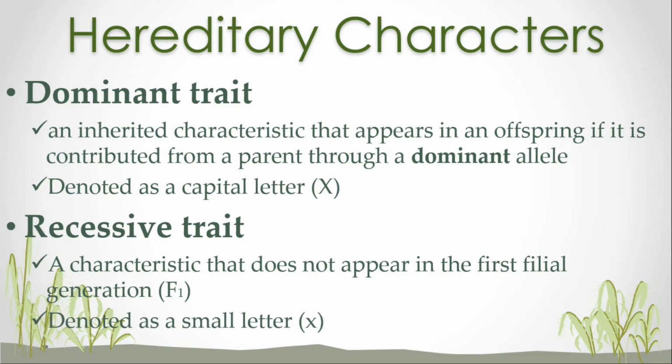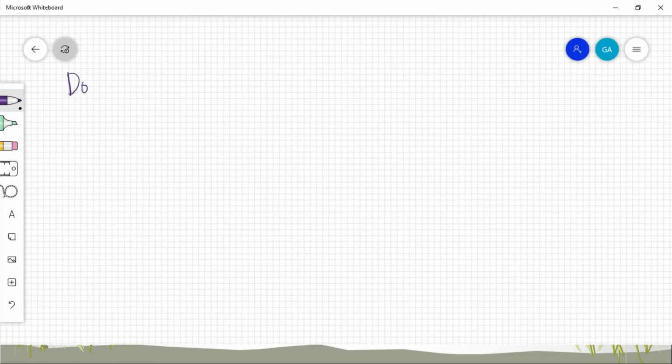Again, pag sinabi natin dominant, nakikita sa parent, nakita agad sa first filial generation. Then when we say recessive, these are the traits or the characters in the first parental generation that do not appear on the next generation. Again, dominant is capital letter, recessive is small letter.